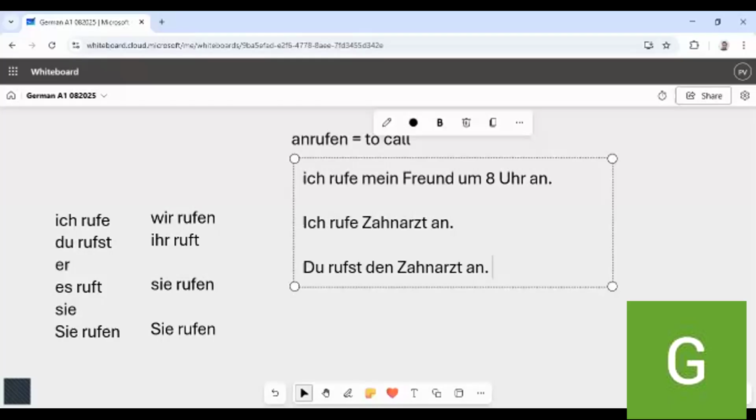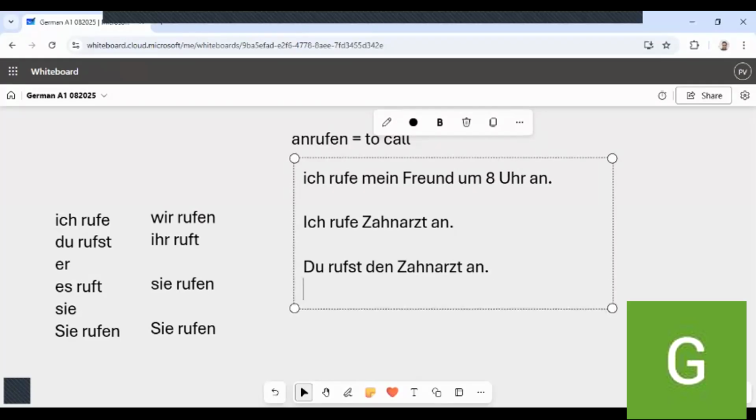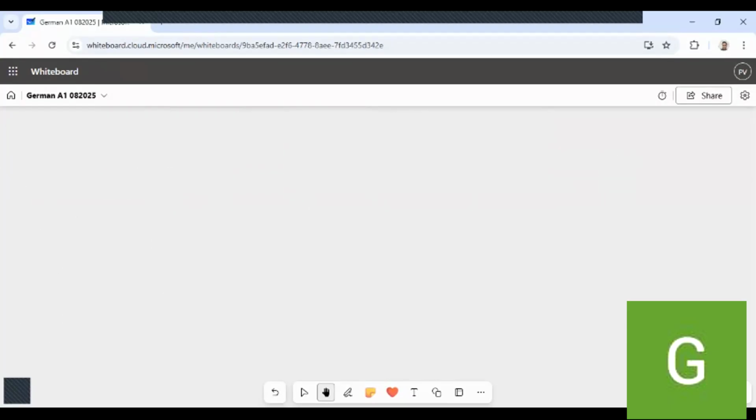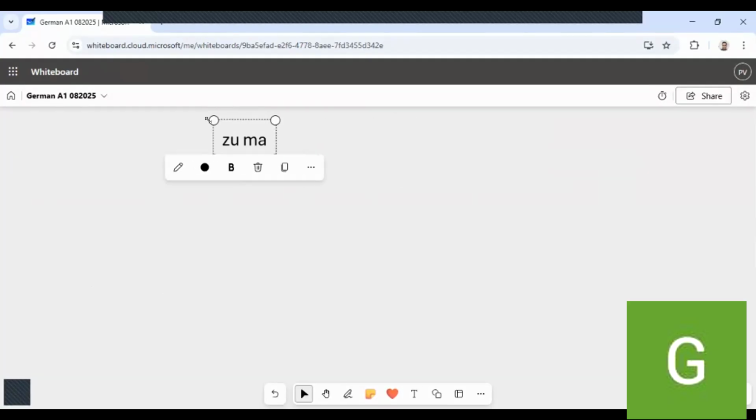There are actually many other verbs which are most commonly used, like zumachen and aufmachen. Close, open. Suppose you want to open a door or a window, how will you say it? Zumachen means to close.